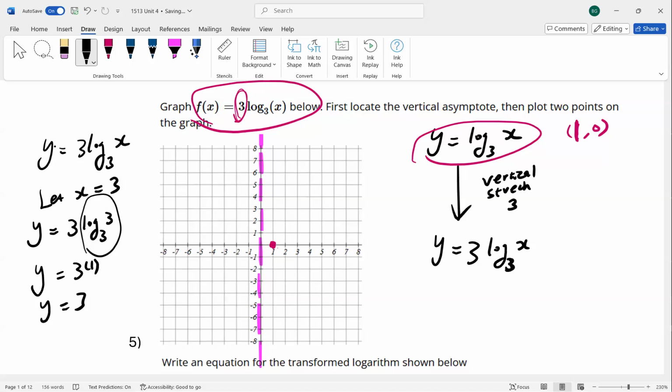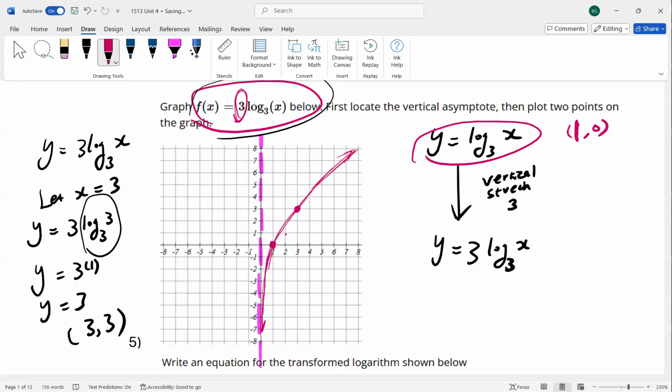So the curve of that function should pass through (3, 3). Yeah, you need to get that done on the scratch paper. (3, 3) is right here, and you just draw a log growth curve.